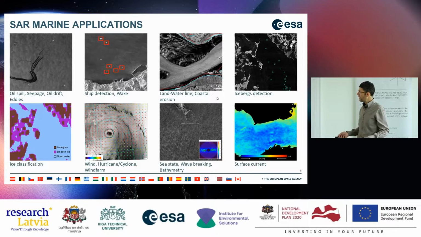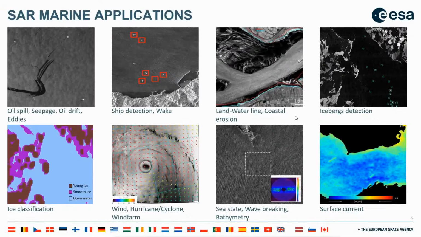This slide shows a recap of most of the applications you can do with SAR. We have oil spills, and you can also monitor seepage. Oil seepage is what you find under the ocean's floor, so it's a way to extract oil.